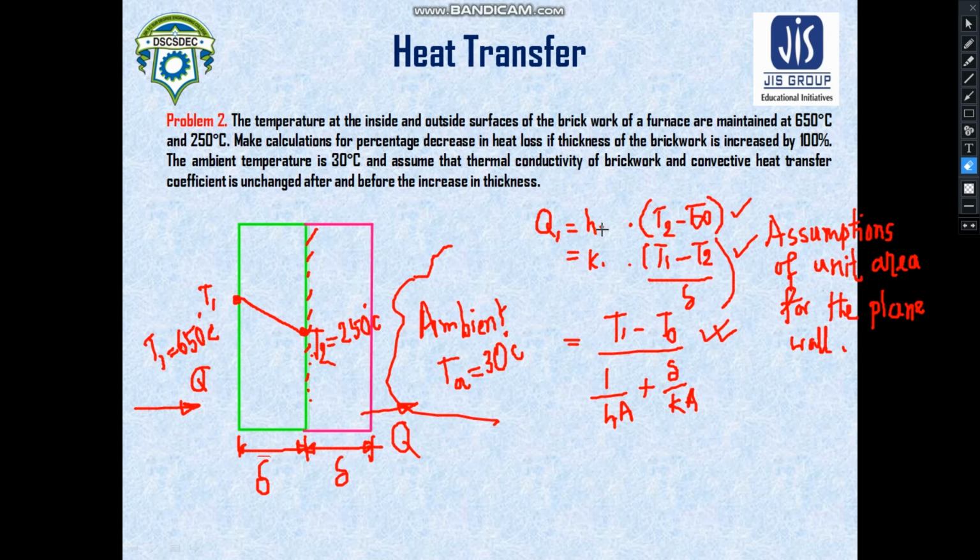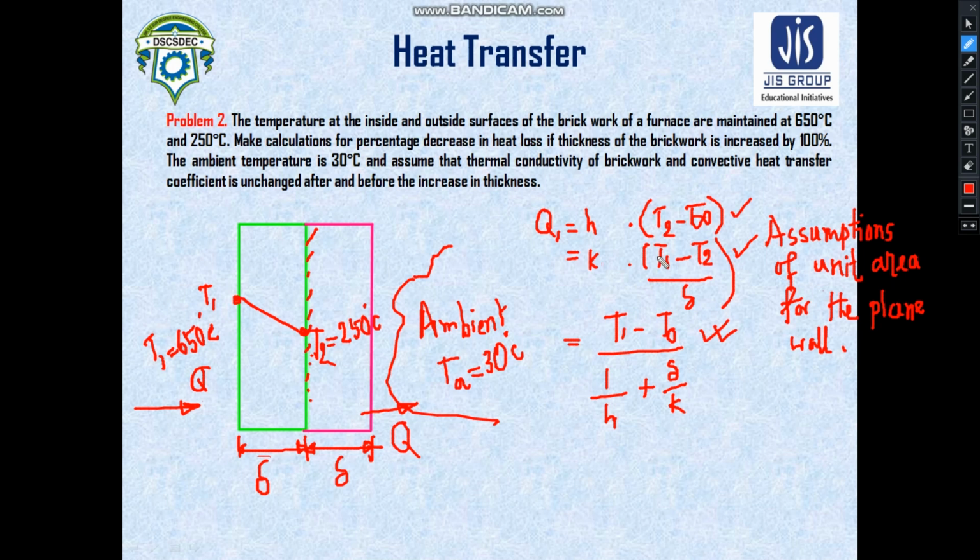Since this has a value of 1, we can simply remove these terms, and we will see that the thermal resistance, because of this combined conduction and convection effect, also reduces to this. Now you know the values of T1 and T2 only.